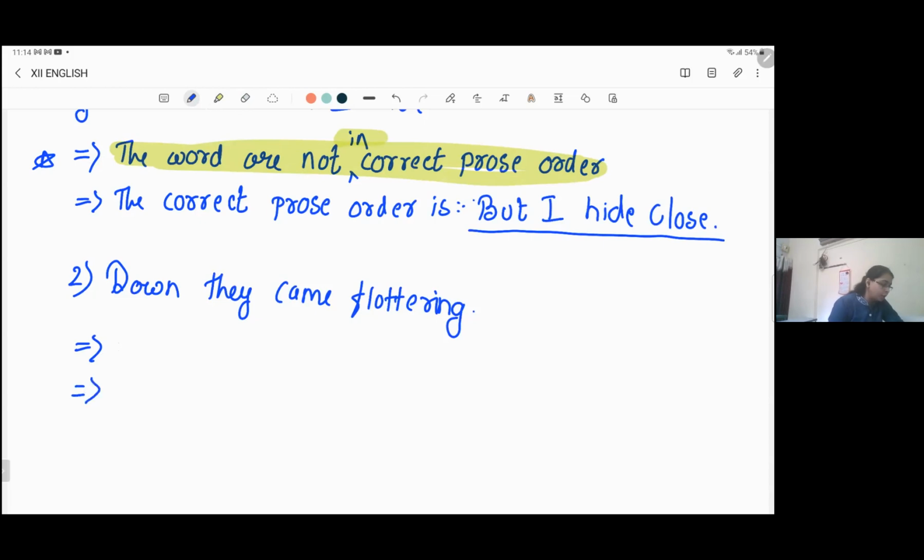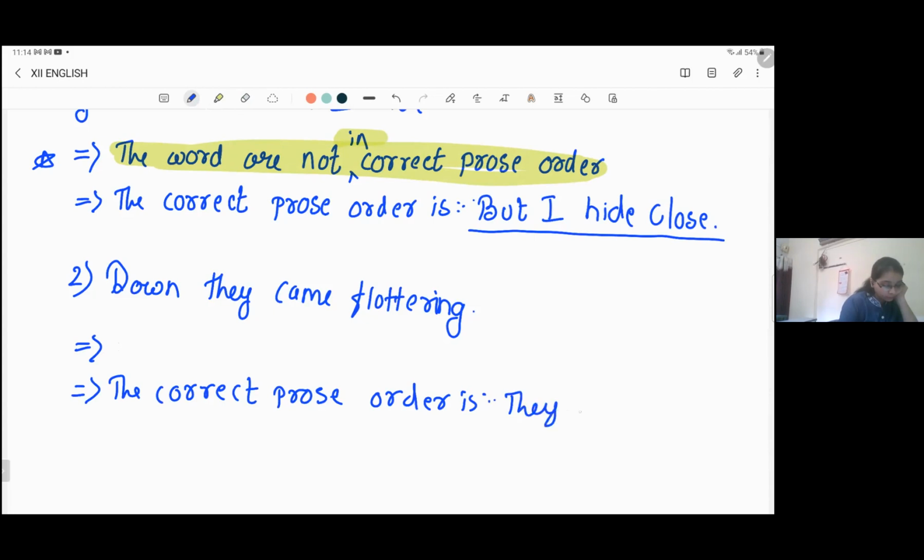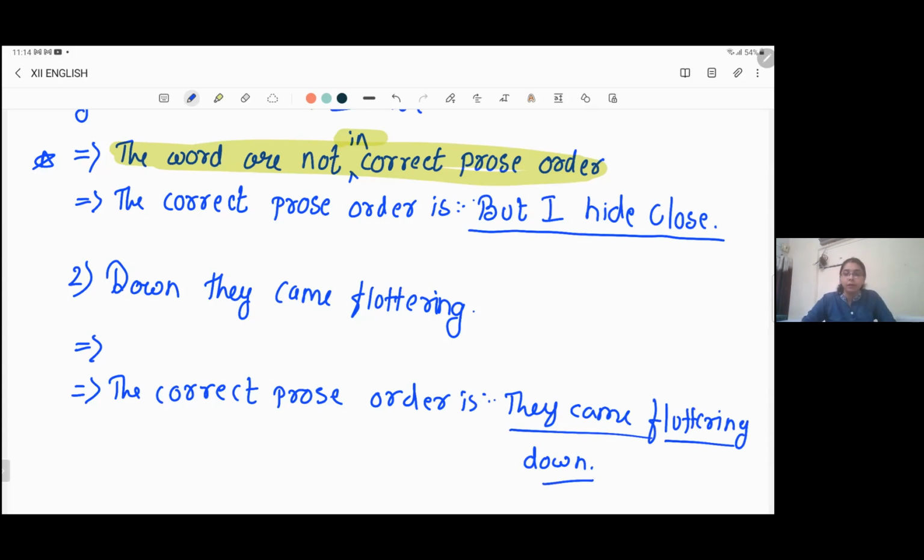And in the second line, you will write the correct prose order: they came fluttering down. Clear? They came fluttering down.